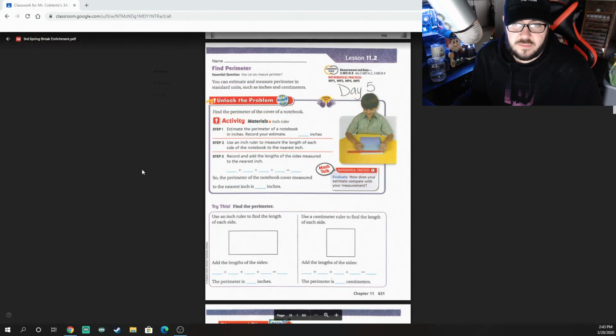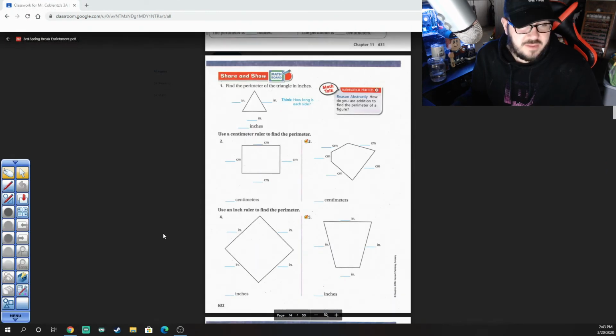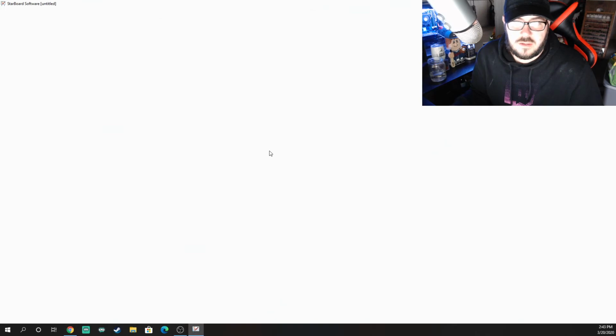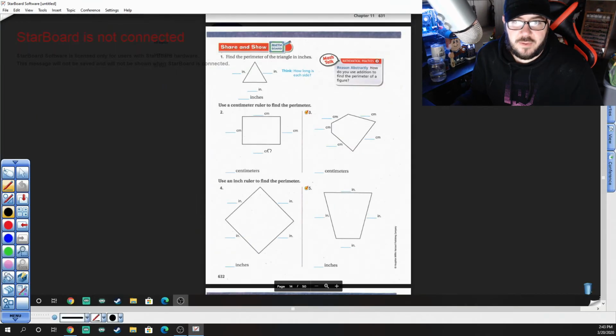Go on down. Same thing with this page. Pretty simple. You're just measuring here in inches. Measuring this one in centimeters, inches, inches. Parents, I'm sure you can assist your scholar with finding the inches and centimeters side of the ruler.